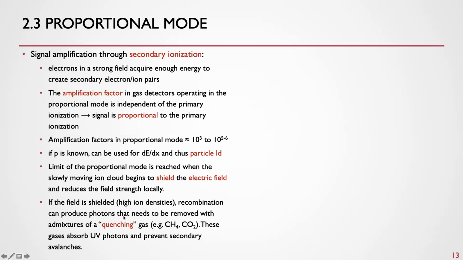Now, if photons are created because of recombination in your gas, it's very easy to come into trouble, because that photon can hit, for example, the copper electrode. Somewhere there will be other metals in your detector, and the photon can traverse the whole detection volume and end up anywhere.